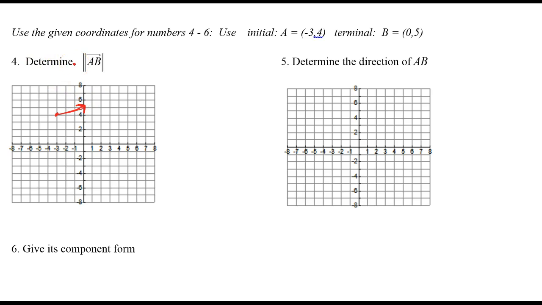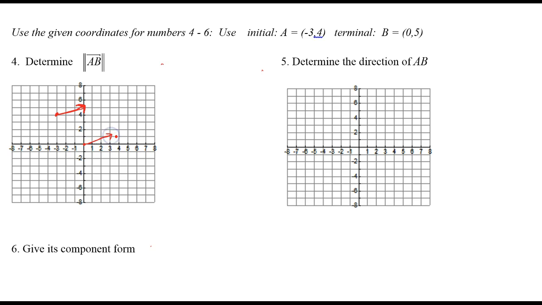Number 4 wants us to determine the length of AB. So this is the magnitude, like those absolute value bars I showed you. I'm going to go ahead and shift this to the origin first, and that's going to help me with numbers 4 and 5 and 6. That's just my preference. If you didn't do that, that's fine, but that's what I'm going to do. So if I move this to the origin, then it looks like the terminal point is 1, 2, 3 away and up 1.